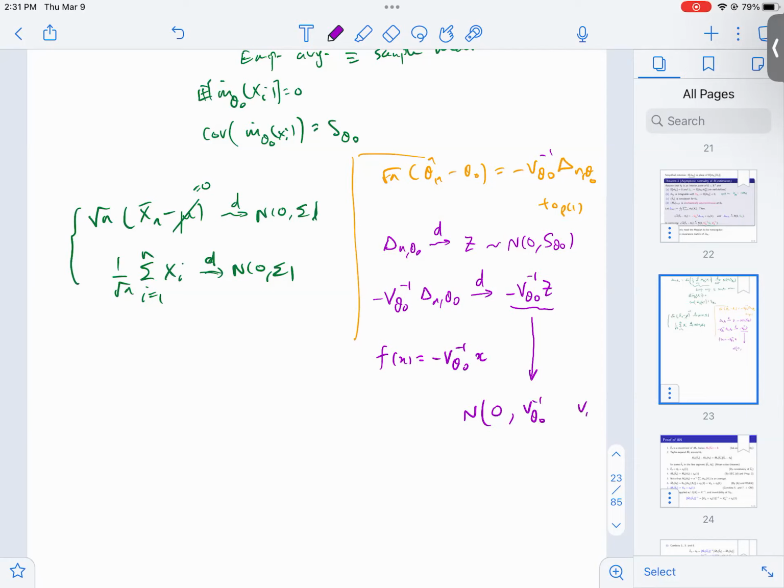So this, then its transpose, with S theta naught in the middle. V theta naught inverse is symmetric, so you can drop the transpose. You can say negative here, negative there, and the negatives cancel out.